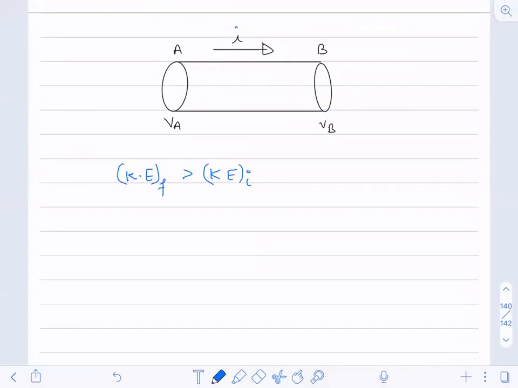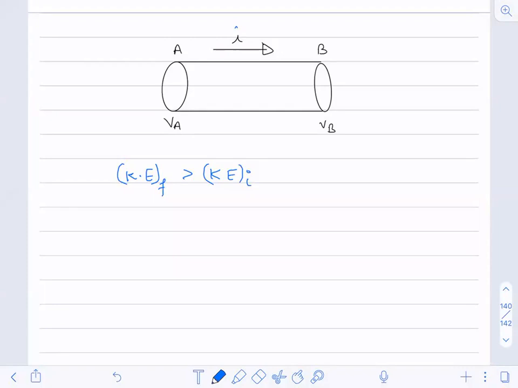The potential energy of point B is less as compared to A, so the potential energy is decreasing. Since energy conservation applies, the kinetic energy must be increasing at point B. So the kinetic energy at the final point B must be greater than at the initial point.